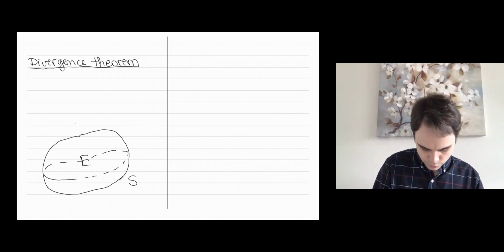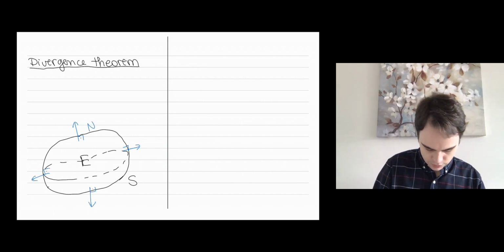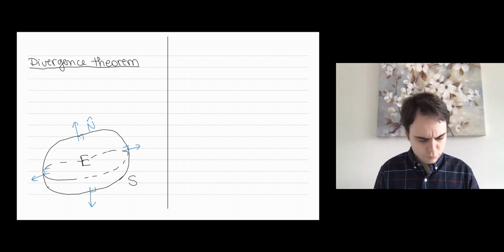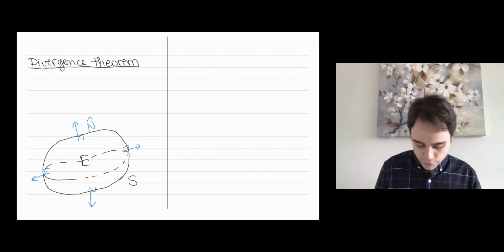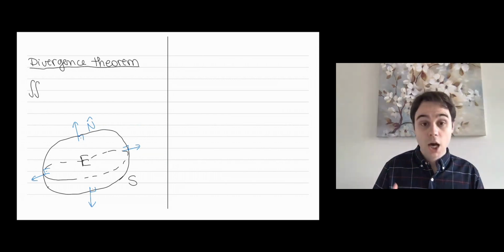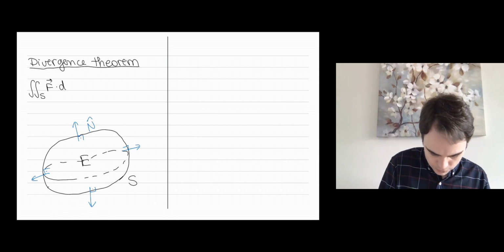For the theorem to apply, we have to equip the surface with the outward unit normal. So we're using the outward unit normal on this surface. And so the divergence theorem applies when we're looking at the flux of a vector field through a closed surface.